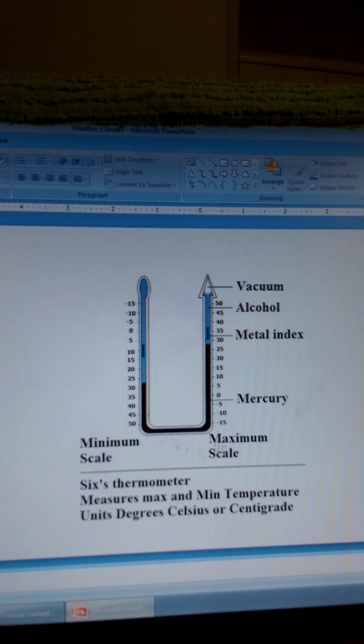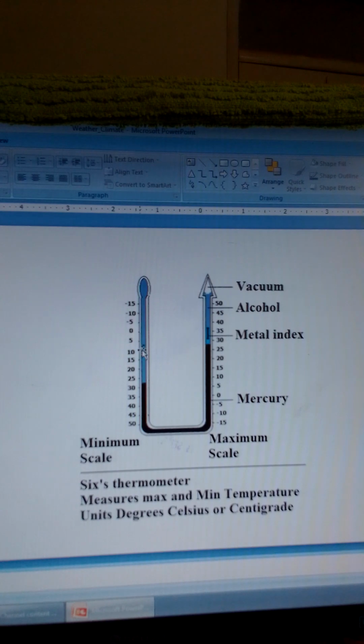In this image, we have what we call a Six's thermometer, which is a U-tube like that one, and it has mercury at the bottom of the tube and alcohol above the mercury. It has these two end bulbs which are sealed, and this bulb here is completely sealed, and we have alcohol here.